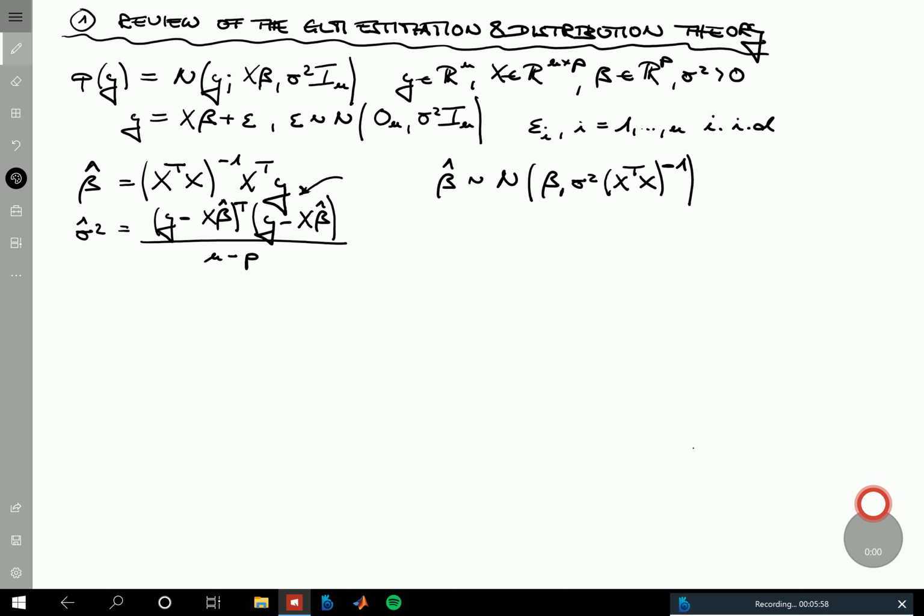And we've also seen that the variance parameter estimate in a rescaled version, namely multiplied by n minus p and divided by the true but unknown variance parameter, is distributed according to a chi-square distribution with n minus p degrees of freedom.